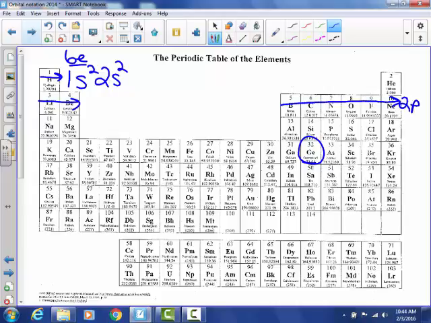These are 2p's. So 2p6. 3s2. Then we go all the way over here. These are 3p's. So 3p6. Then we go here.